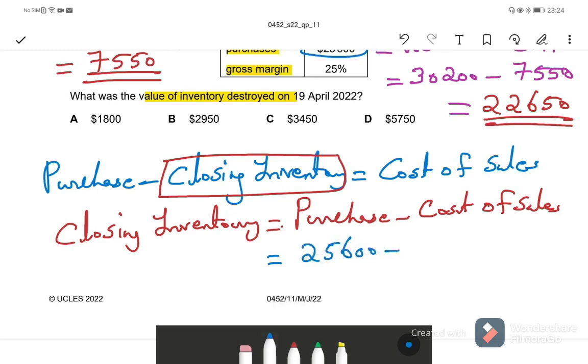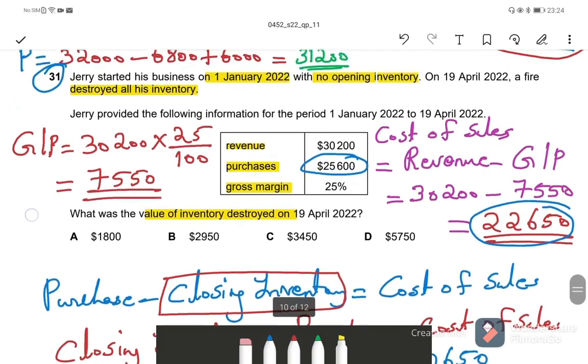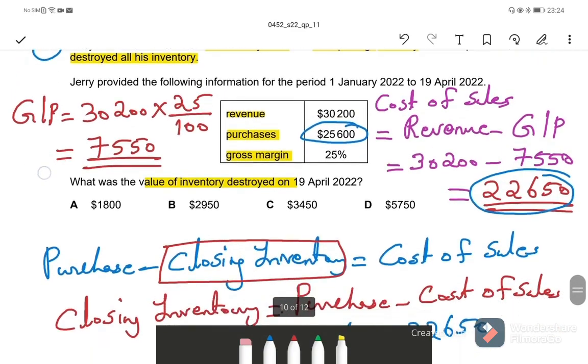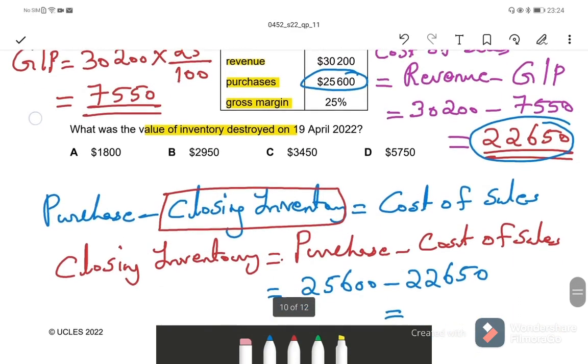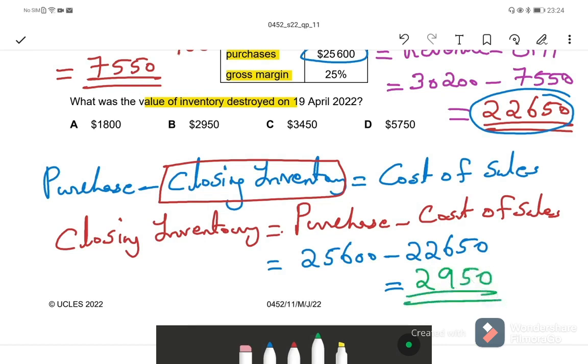Minus the cost of sales, which we already calculated, 22,650. 25,600 minus 22,650 is equal to 2,950. So the correct answer is option B.